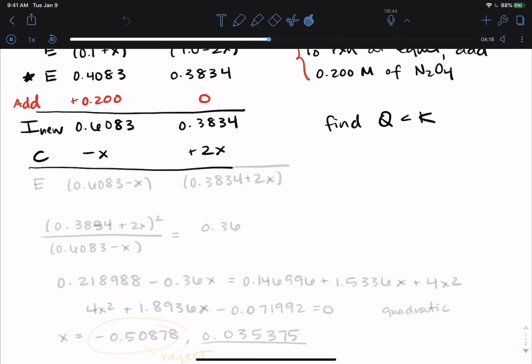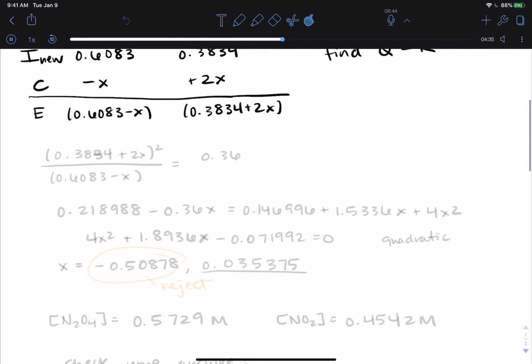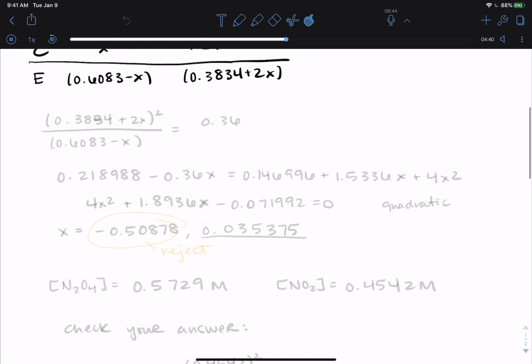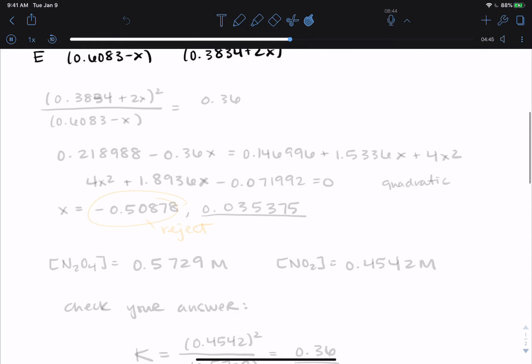And then I will have some new set of equilibrium conditions: minus x for N2O4 and plus 2x for NO2, and you have all of the skills that you need to solve this problem. The balanced reaction is still the same, so my equilibrium constant expression is still the same, and I haven't changed the temperature, so my equilibrium constant is still the same.